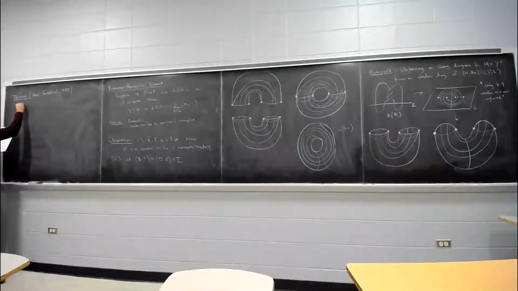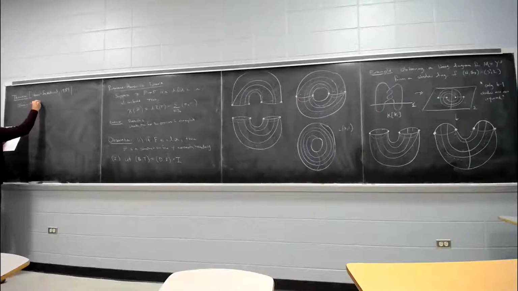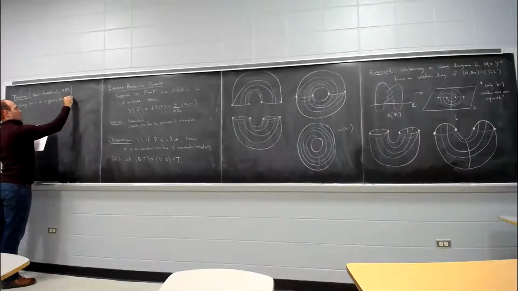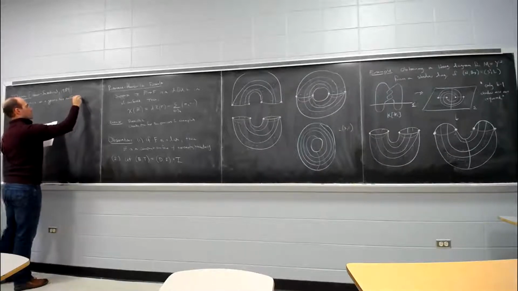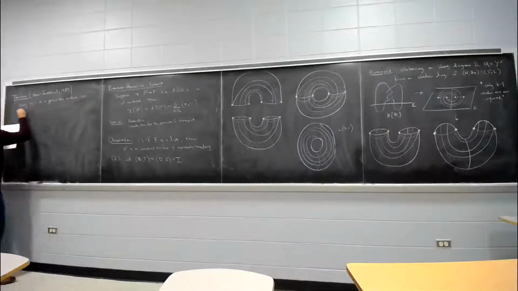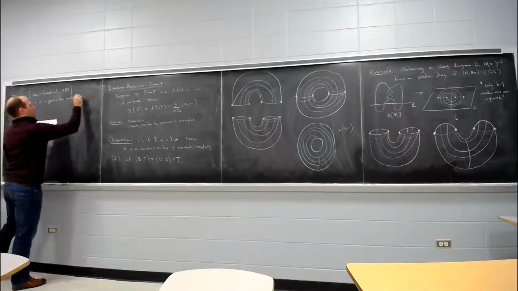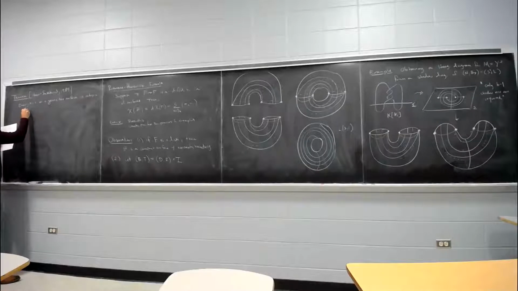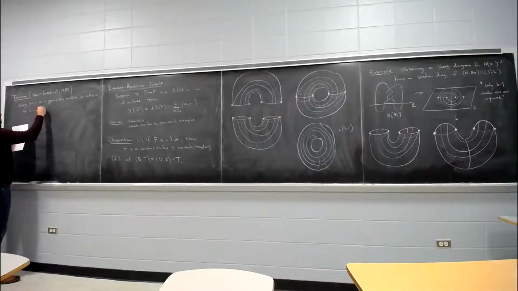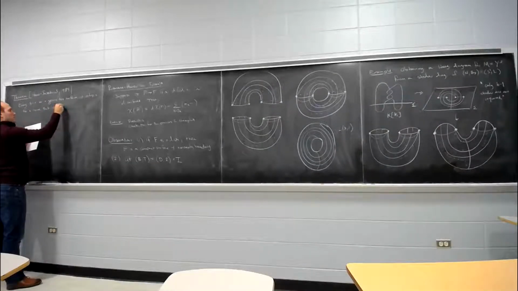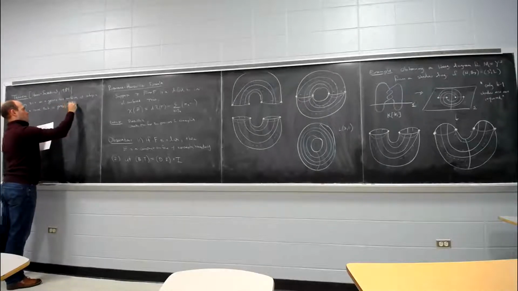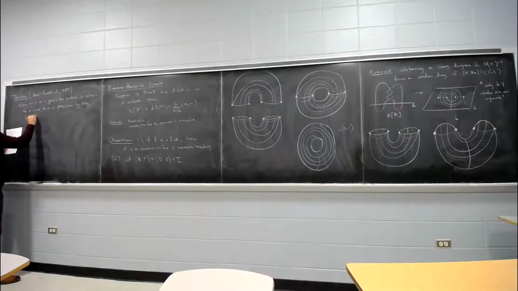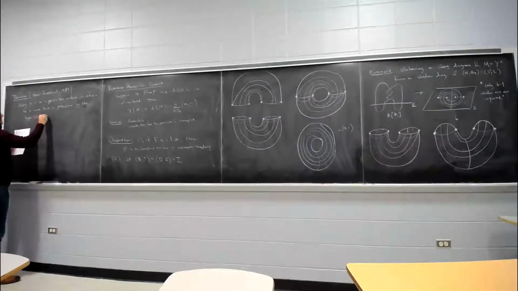The result is that every simple closed curve on a genus 2 surface is isotopic to a curve that is preserved by the hyperelliptic involution.